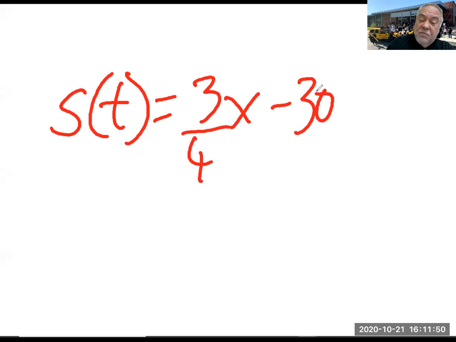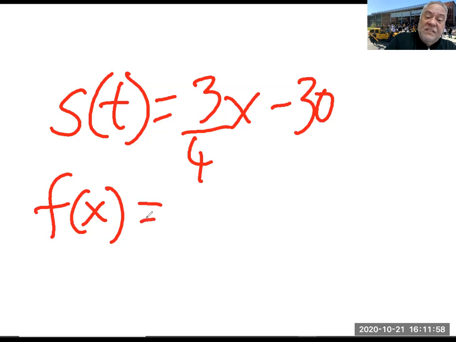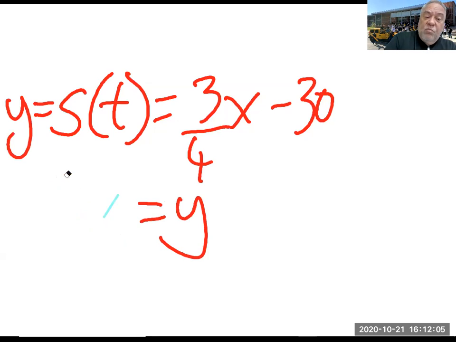And we know that the function, whether I'm saying s of t or f of x or anything else, is the same as y. And all we're saying now is that the x-intercept is when y is equal to 0.